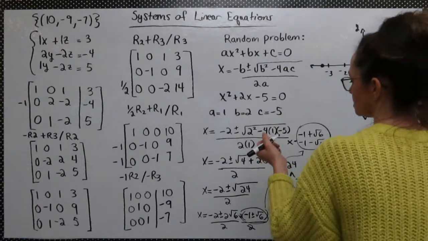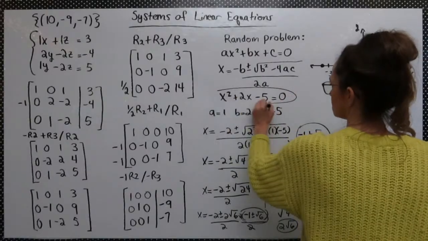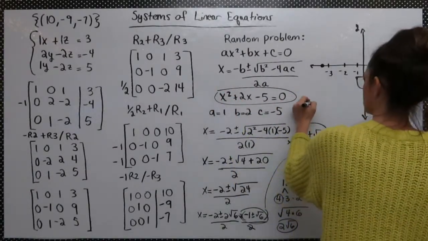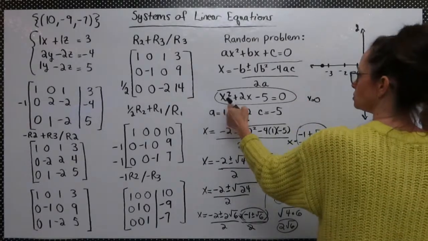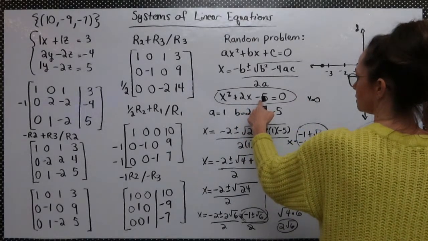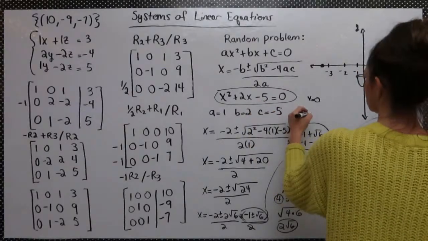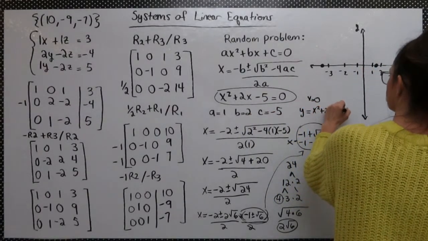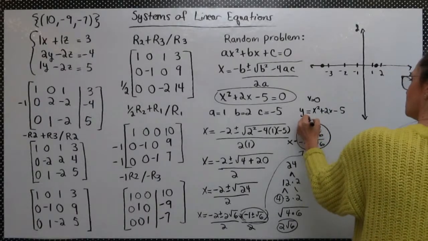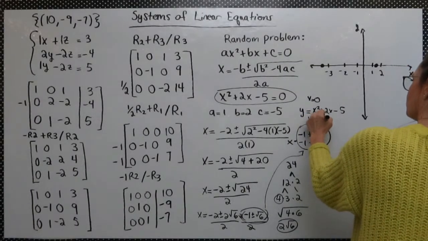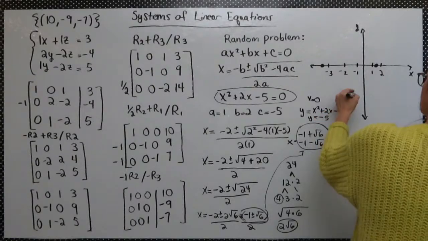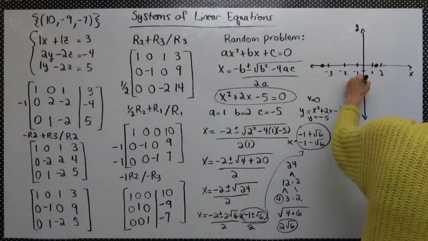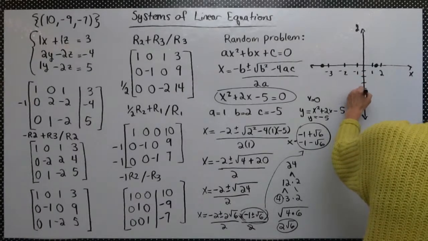So I would take this original equation and make x 0. So x equals 0, then those two terms go to 0, and you just say y equals x squared plus 2x minus 5. And then you would just get y equals -5, because both of those would go to 0. So then you'd have -5 also on the graph of your parabola.